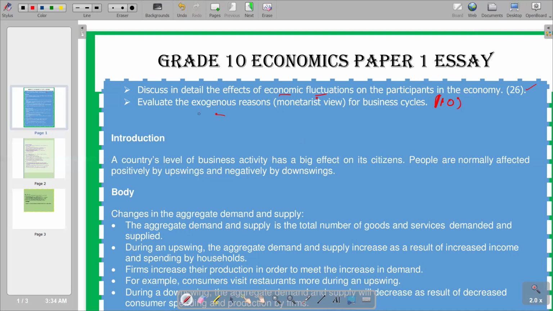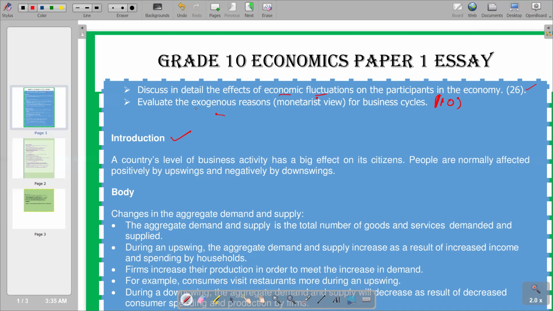Then we go to our first part of the question whereby we are having the introduction. So introduction, like we are discussing, you can try to define or give a meaning of one of the terms that we are seeing in the question. So we are seeing that our introduction is: a country's level of business activity has a big effect on its citizens. People are normally affected positively by upswings and negatively by downswings. So you are seeing that the phrasing that we have in the introduction is explaining the issue of economic fluctuations, that we can have upswings and also we can have downswings, as we are explaining all the meaning of economic fluctuations.